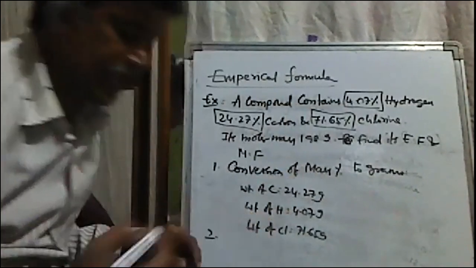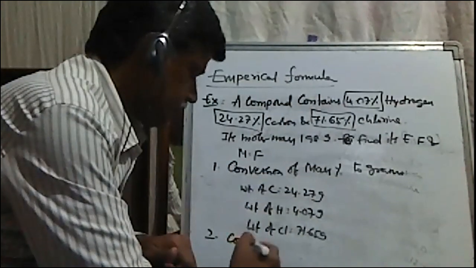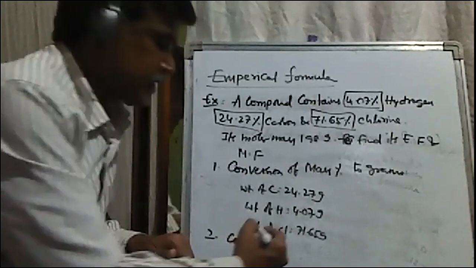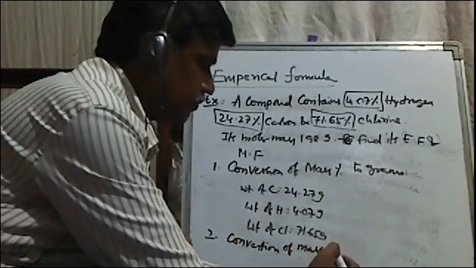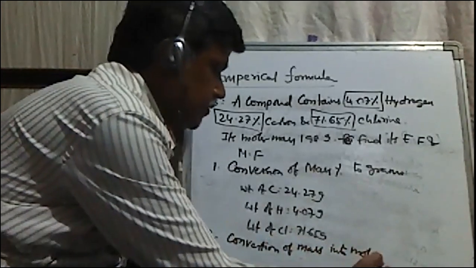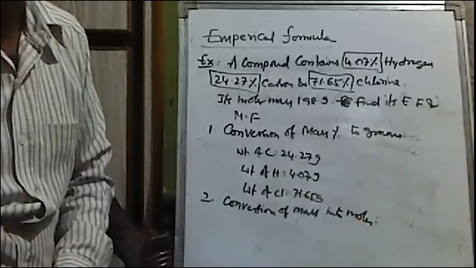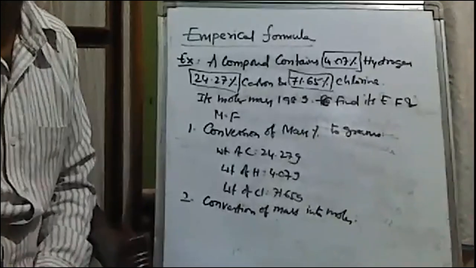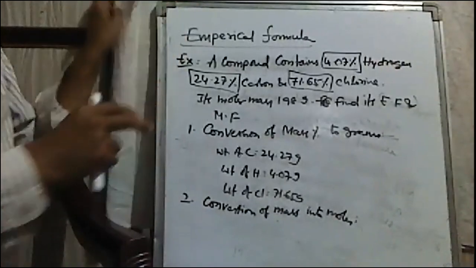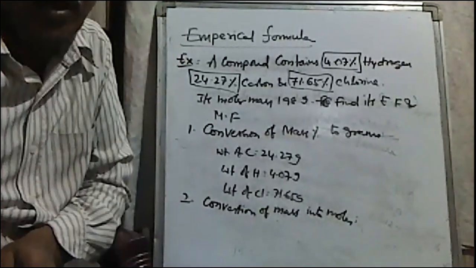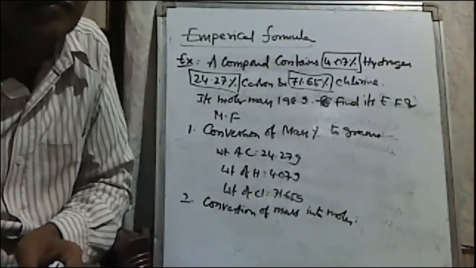Now, what is the second step? Conversion of mass into moles. Whatever mass we get, convert that mass into moles. How can we convert it into moles? By dividing with its atomic mass.